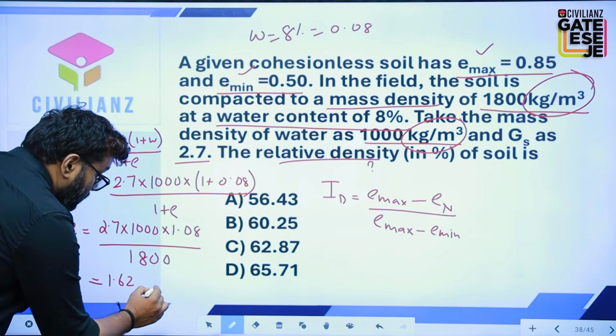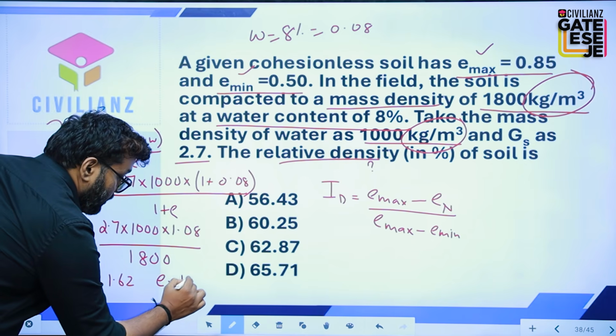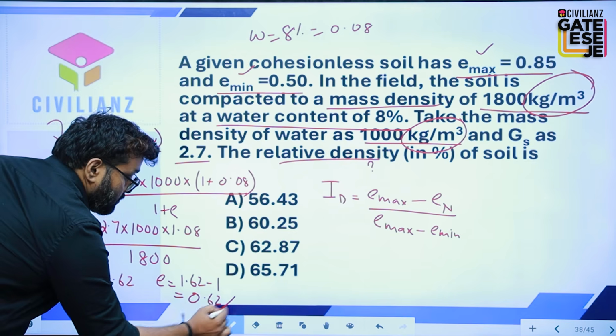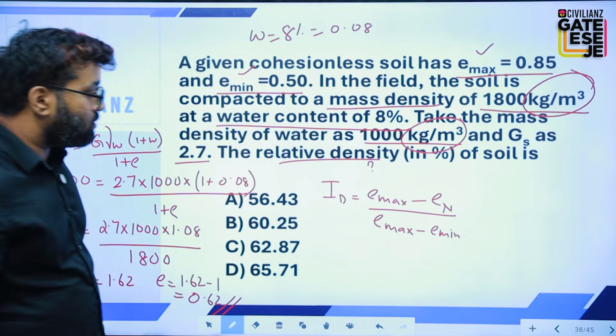So E is equal to 1.62 minus 1, which is 0.62. E is equal to 0.62.